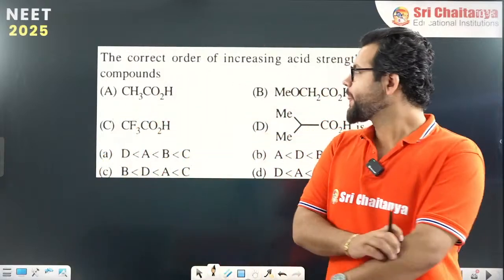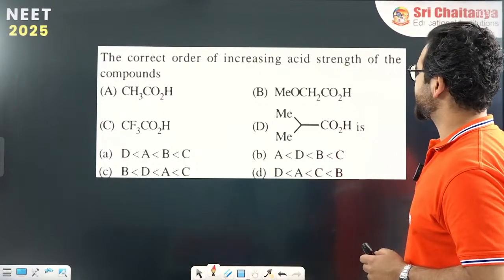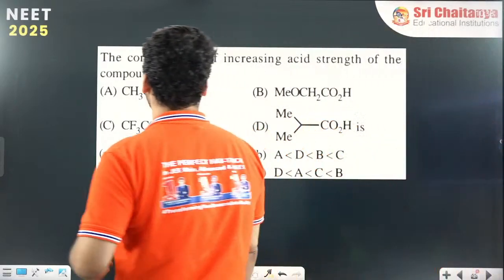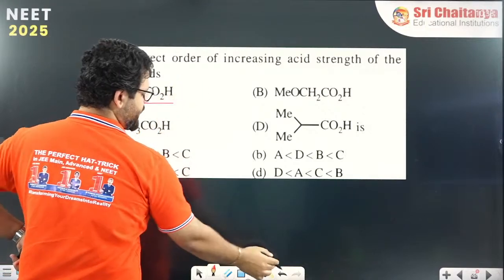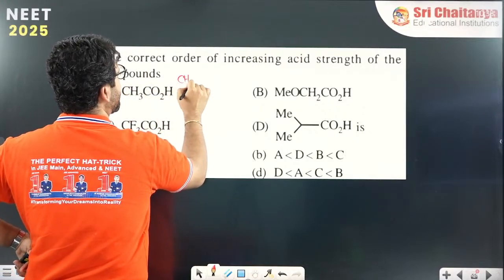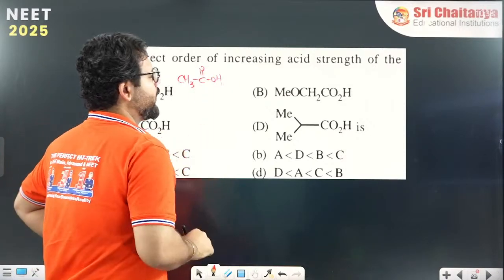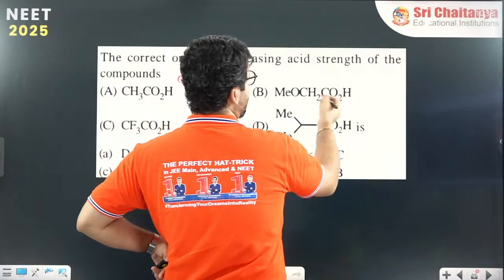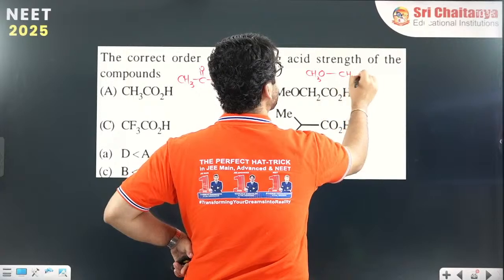Next one says, the correct order of increasing acidic strength. Okay, acidic strength question. Let us do that. CH3COOH, I'll just draw them. Methoxy acetic acid, OCH3 attached to CH2COOH.